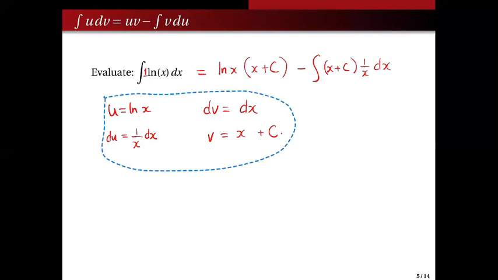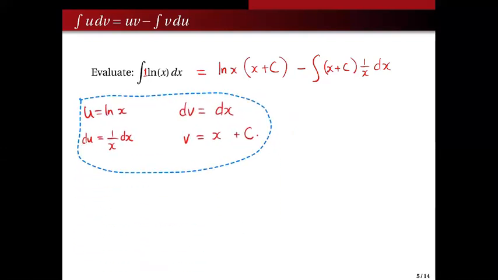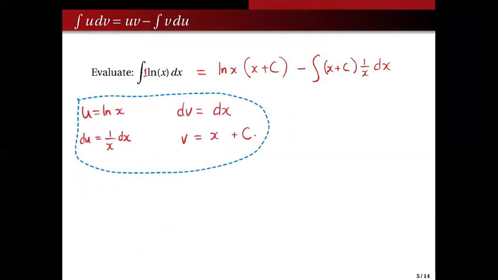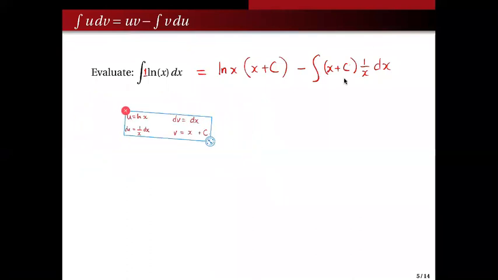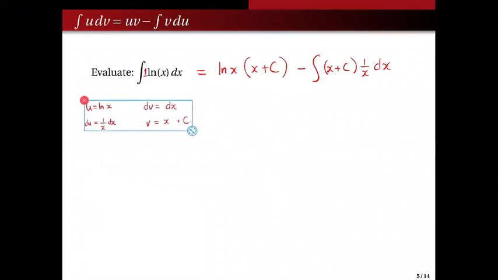And then, look at this. We can simplify this guy here. Let's just distribute that 1 over x over this sum here. Let's also distribute this ln of x over the sum x plus c, so that we will see that we have x ln of x plus c ln of x.